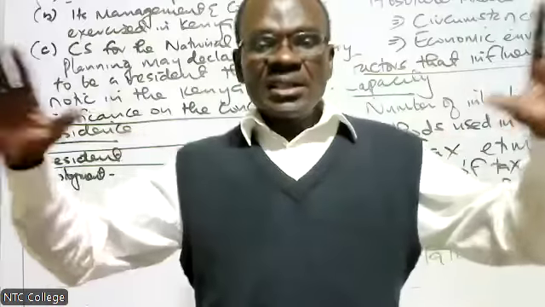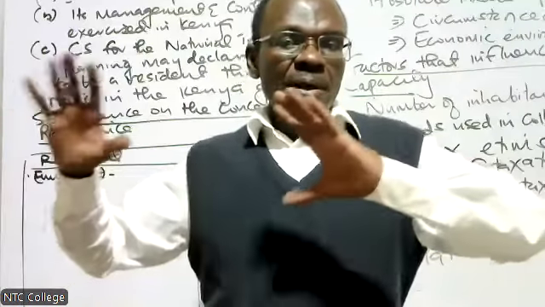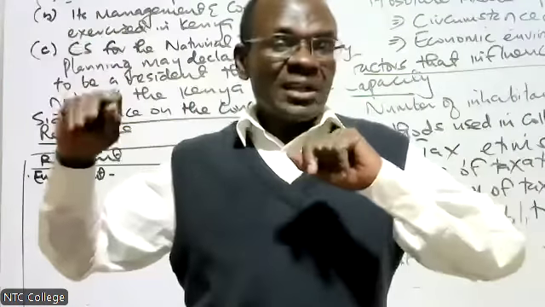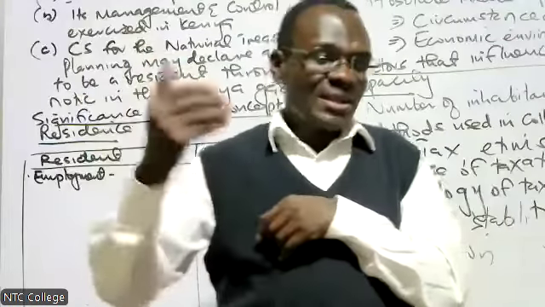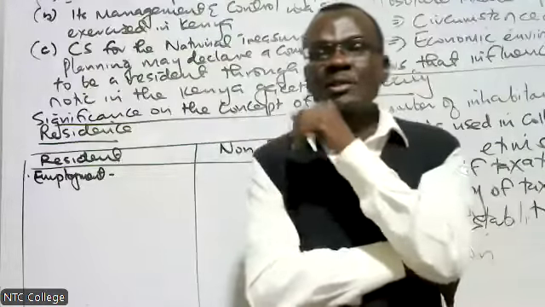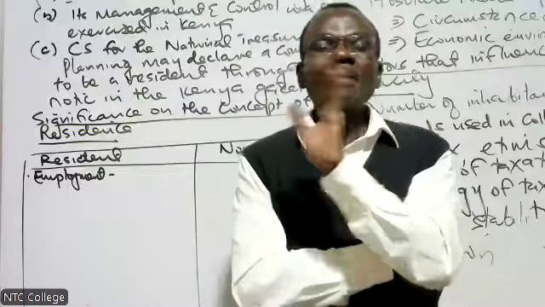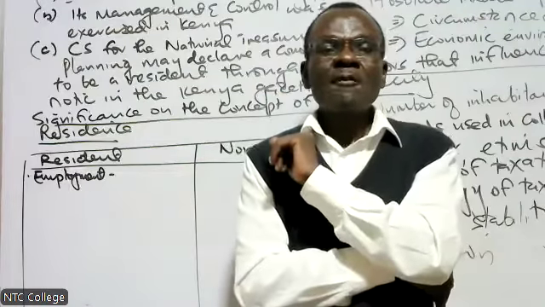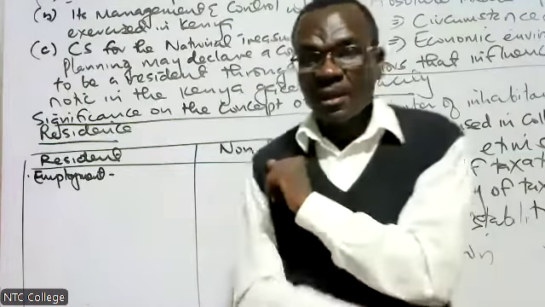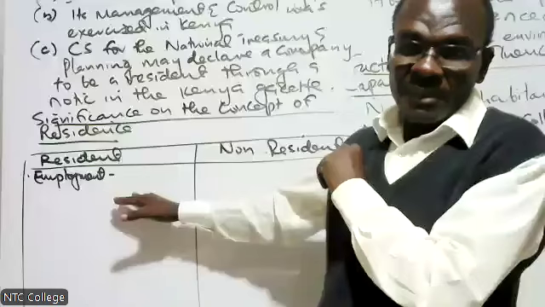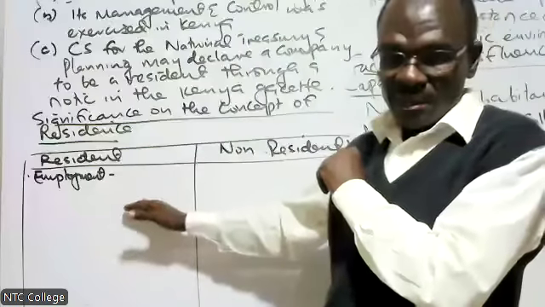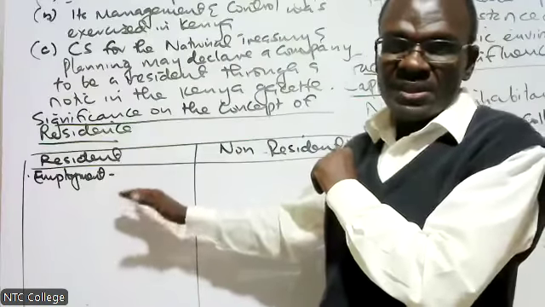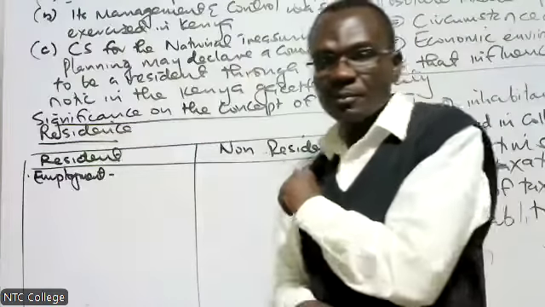So once you've calculated the gross tax, Kenyan tax on the total income, you'll relieve him of one of the taxes. The one that is low will be deducted, so that he's only taxed on one. But that's not important. For now, just understand that if you are in employment and you are a resident for that year, all your employment income will be taxed in Kenya.